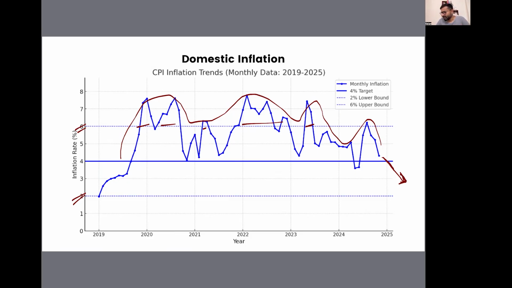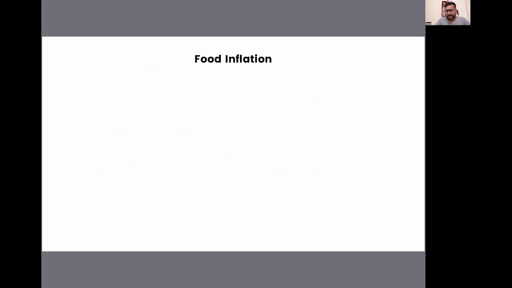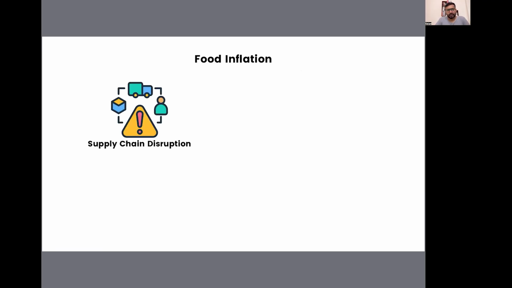Okay. Now let's see what are the major reasons for the high domestic inflation that India has experienced in the past years. And the topmost reason has been food inflation. Now, what were the various reasons that led to food inflation in the country? The number one reason was supply chain disruption, and particularly during the monsoon season.